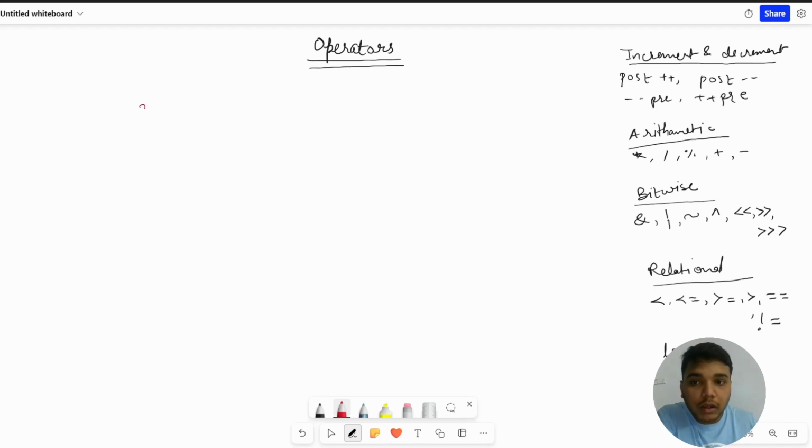Now the increment and decrement operators. Suppose we have x equals 5, then x plus plus, and plus plus x. This x plus plus will give output 6. This plus plus x will also give output 6. So both are meant to increase the value of a number. So what is the main difference? Suppose we have y equals x plus plus.